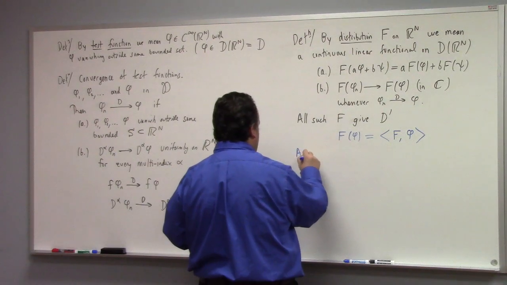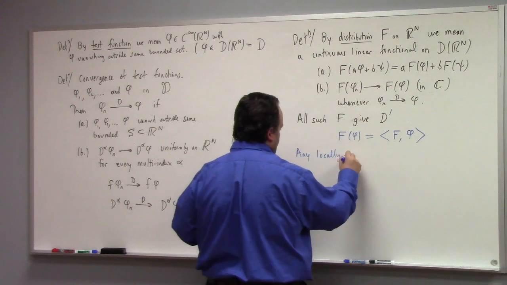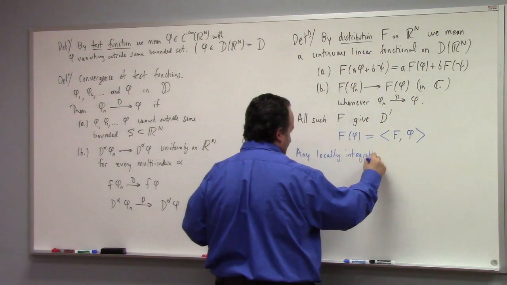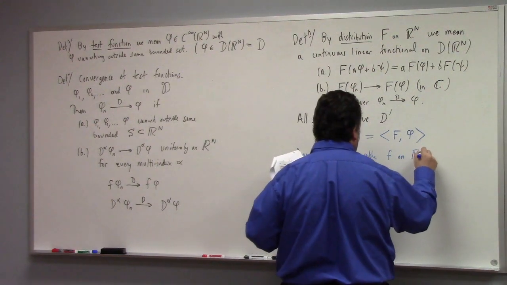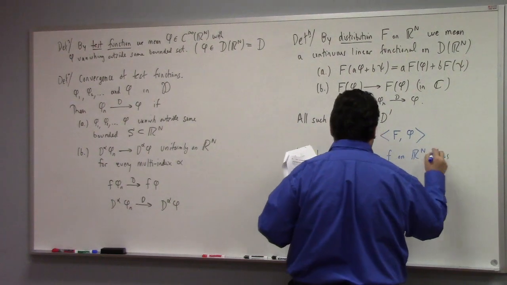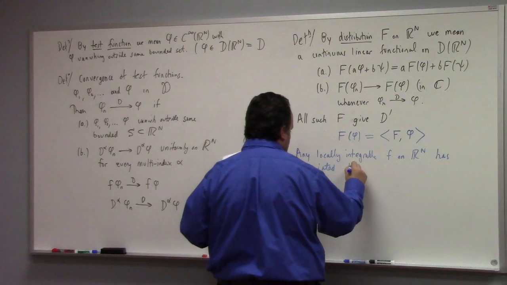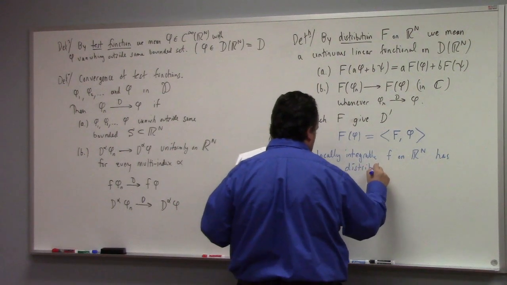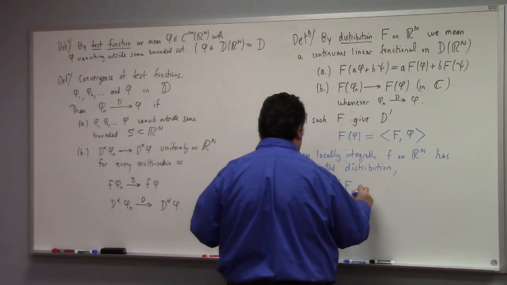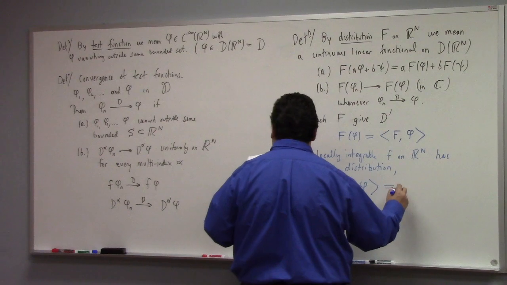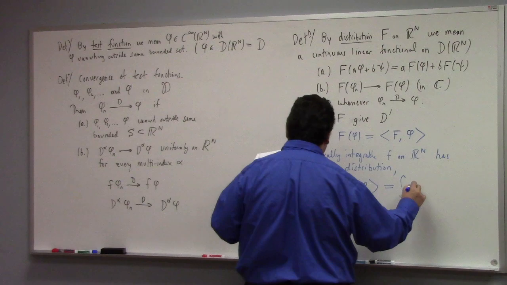Any locally integrable f on Rn has an associated distribution. How? Here's how. F applied to phi, how does it work? Well, you integrate against this locally integrable function.